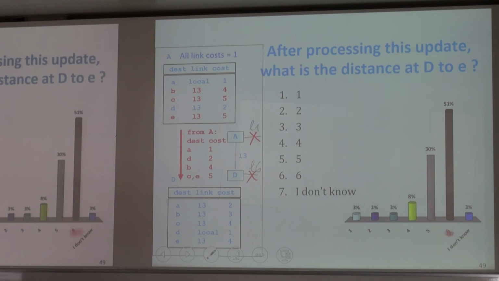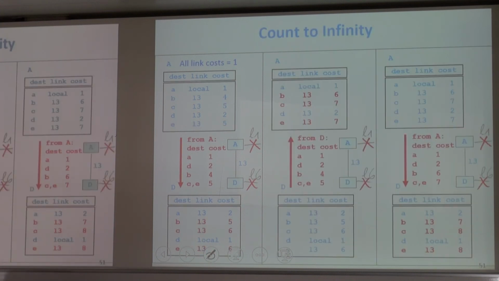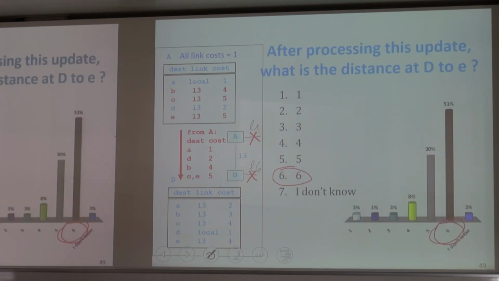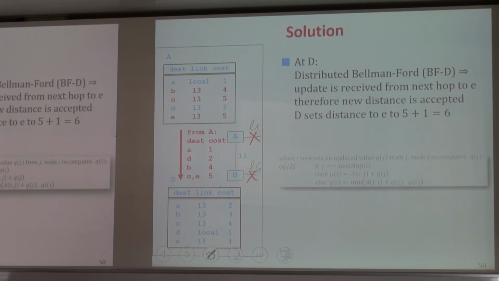You recognize here, in fact, exactly what we had done before in the context of a graph, now in the context of a network. The distance is 6. It simply applies distributed Bellman Ford. The update is coming from the next hop, so it's accepted, and it is 6.